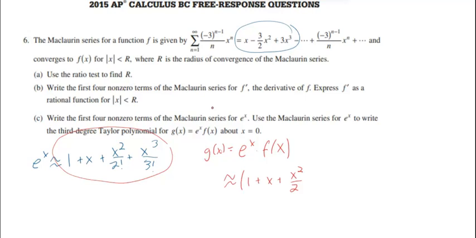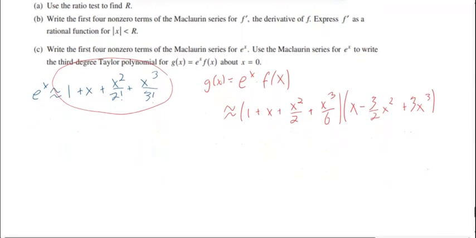And it says the first four non-zero terms, so plus x cubed over 3 factorial, I'll write that as a 6, times f of x, which is, I'm now copying these pieces here, x minus 3 over 2 x squared plus 3x cubed.